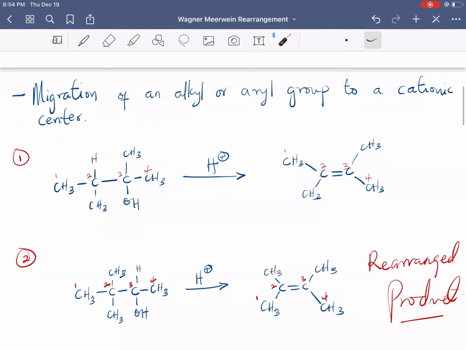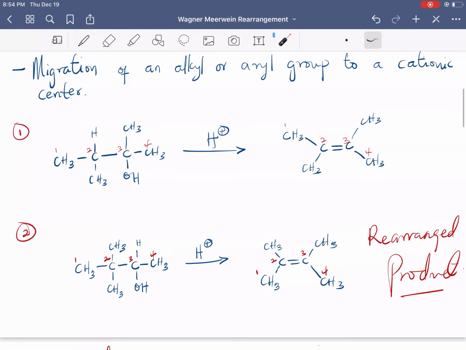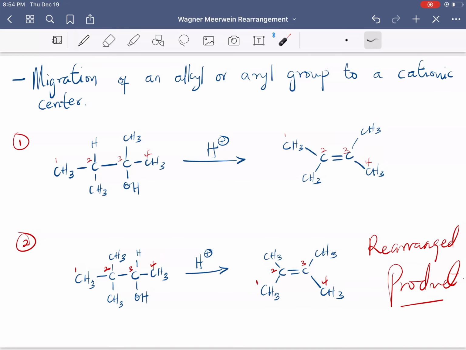Now let's consider the second reaction here. If you do the same labeling from left to right, carbon 1 to 4 in both the reactants and the products, and then let's label these other carbons here, let's call this carbon 5 and this carbon 6. So we have 6 carbons.